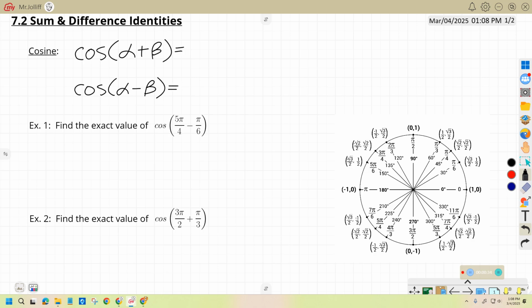Just like the rules for sine, they're going to look identical except for the operation in between the two terms. One will be plus, one will be minus.